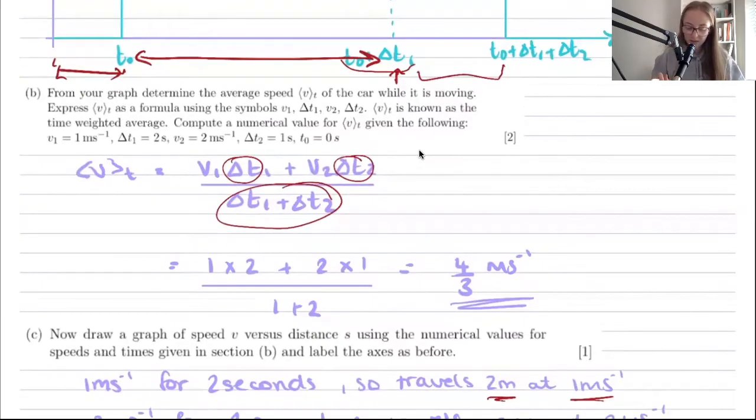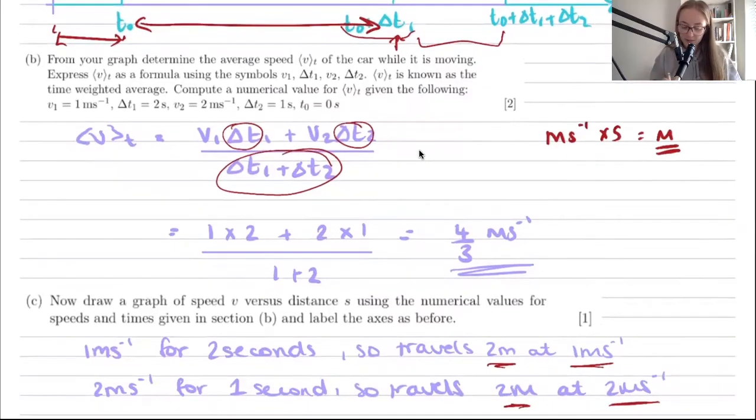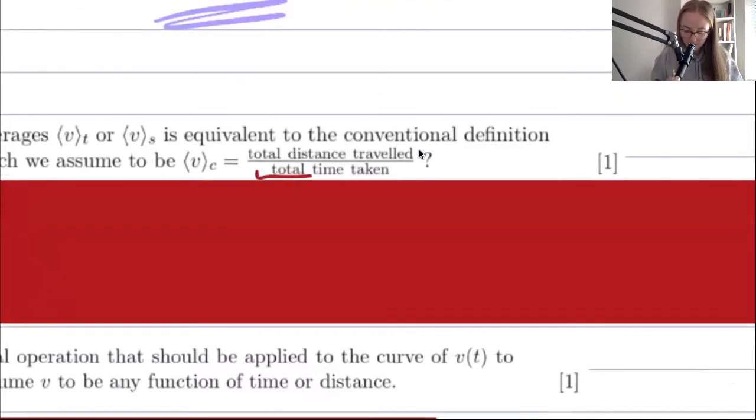And then if you think about what a velocity times a time gives you, well, if we look at that in terms of units, we have meters, which describes distance. So in this question, we actually have this sum of distances divided by this total time, which is what this equation here describes.